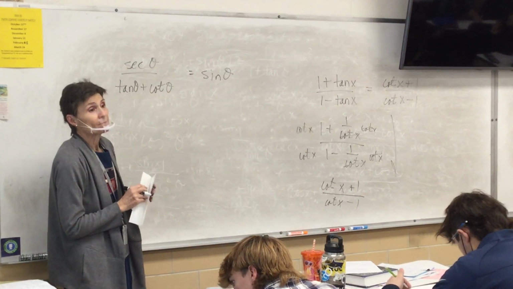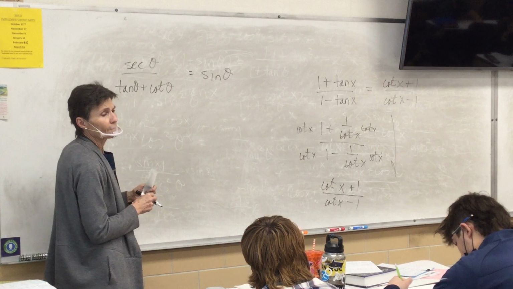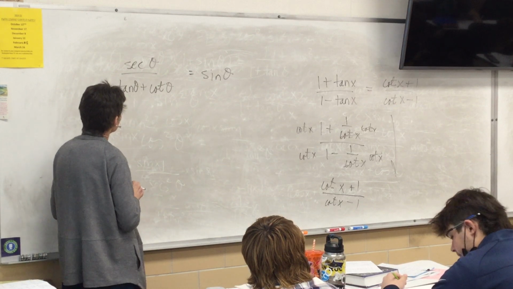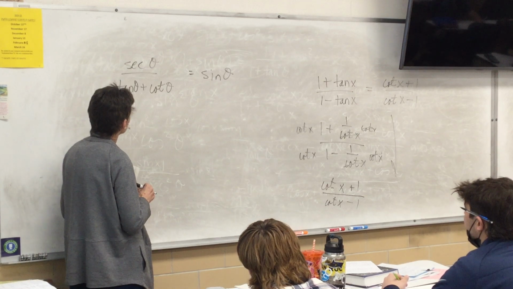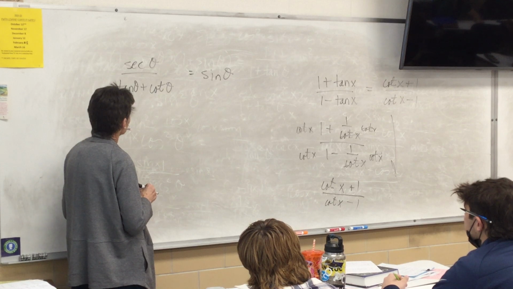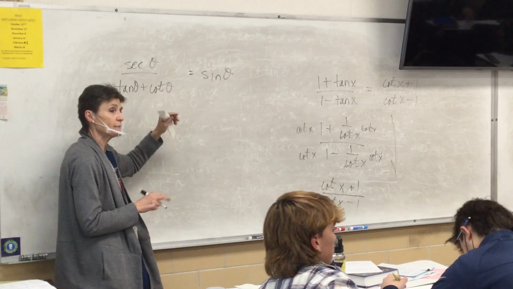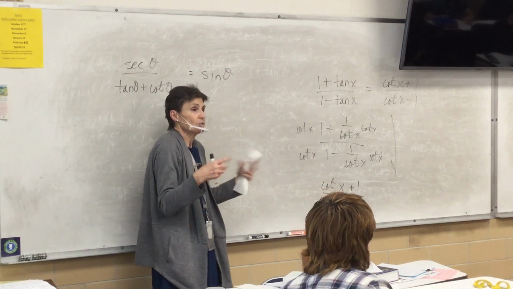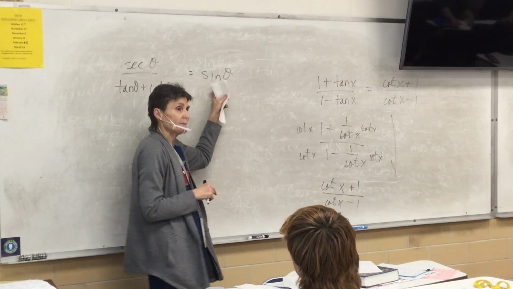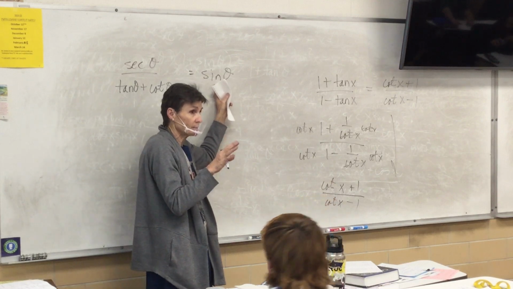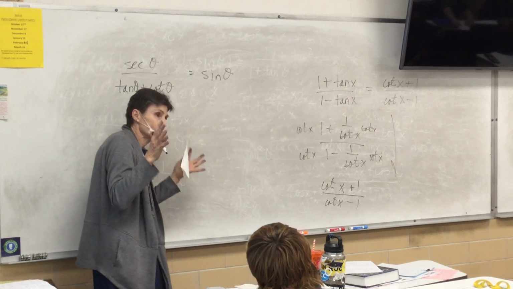So what do you think, Joseph? Well, if we're trying to get it to sine, and we're trying to get rid of the tan in the bottom, I assume, then can't we change the cotangent to 1 over tangent? Well, you can always change a cotangent into 1 over tangent. You can do that. It would not be wrong. But since I want to end up with sine, not tangent, why don't I just change everything to sine and cosine, and see what happens?